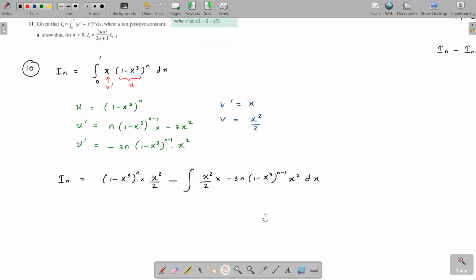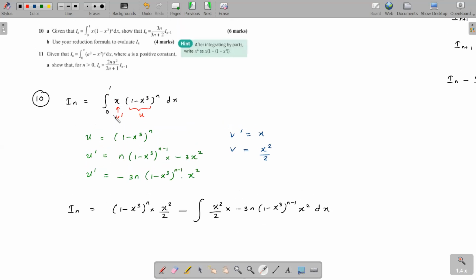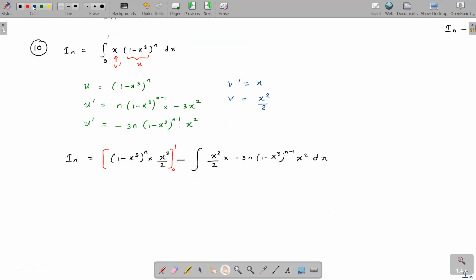Now the thing is this integration has limits. For the part that you are done with integration, just input your limits, from 0 to 1. So when we input the limit 1, what do we get here? 1 minus 1 cubed to the power n, 1 squared over 2, minus, when you put 0, 1 minus 0 cubed to the power n into 0 squared over 2. I think you can see what's going to happen in each part. In each part here, 1 minus 1 is a 0.